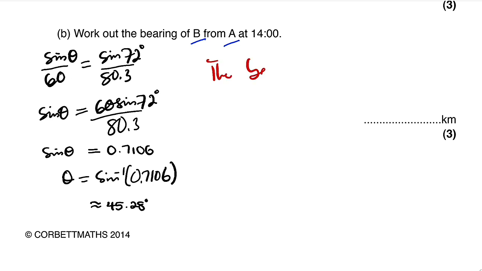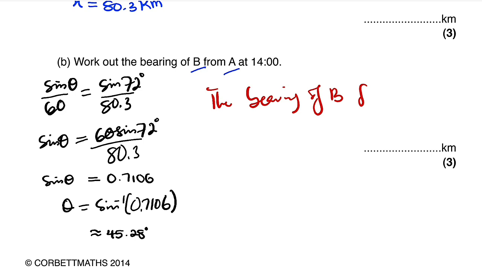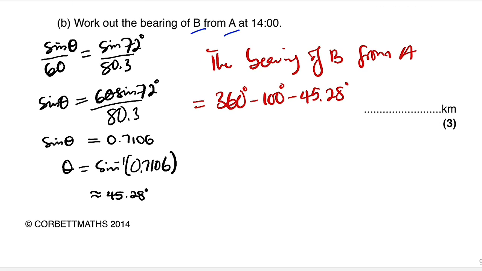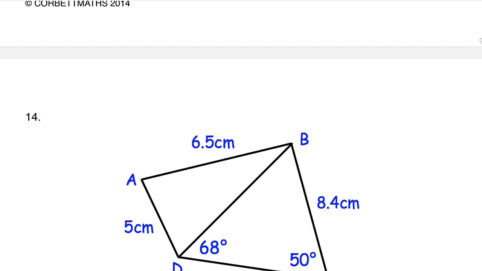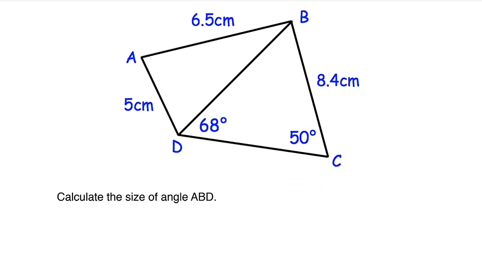The bearing of B from A is equal to 360 degrees minus 100 degrees minus 45.28. These are the two angles we are going to subtract. And this is equal to 214.72 degrees.